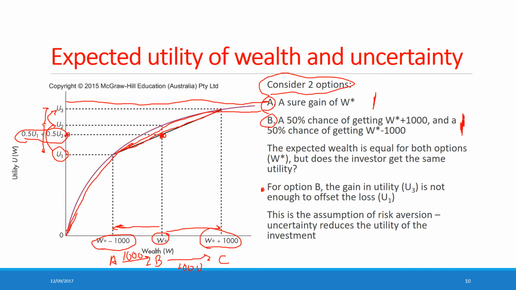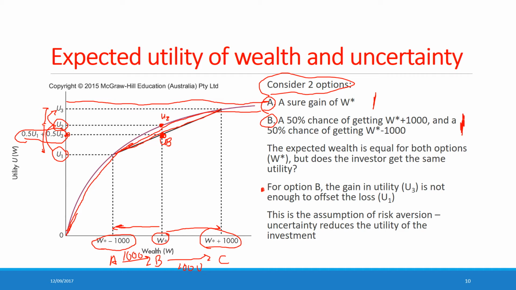However, because the investor has a diminishing marginal utility function, their required utility, their expected utility is at this level over here, which is U2. So if you compare the expected utility level with the expected utility from the investment, from option B, you will see that option B's utility is lower than the expected utility for the investor, right?